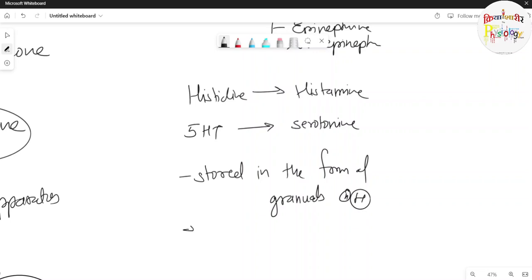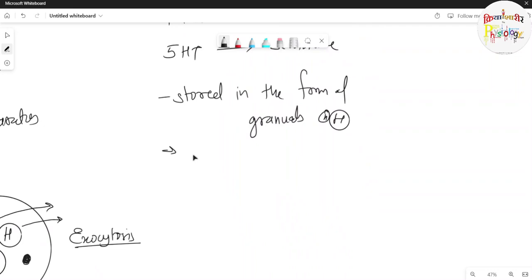Okay, and like peptide hormones, these amine hormones also get secreted by calcium mediated exocytosis.